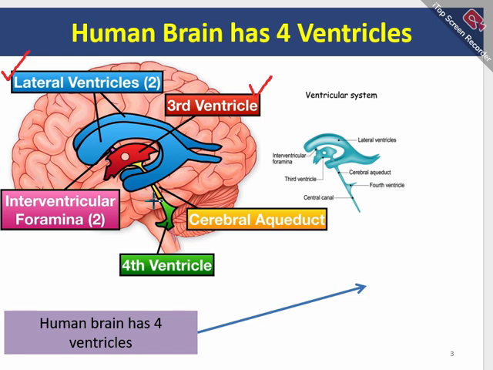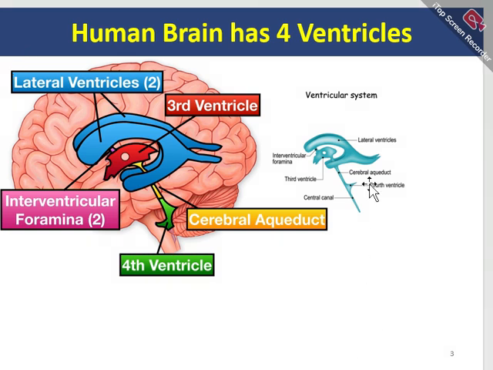And then there is a tube-like structure, the cerebral aqueduct, which connects the third ventricle to the fourth ventricle. From the fourth ventricle, CSF exits, passes through the central canal, and also moves into the subarachnoid space.